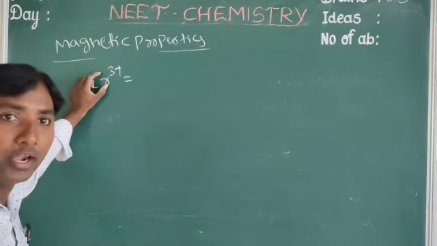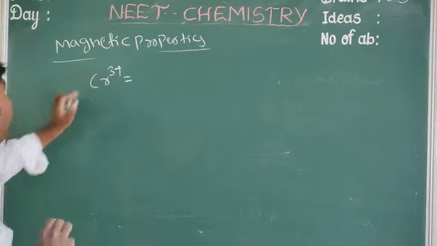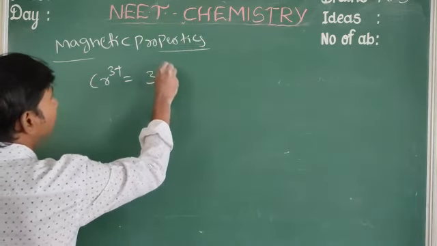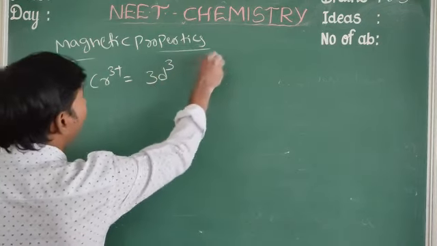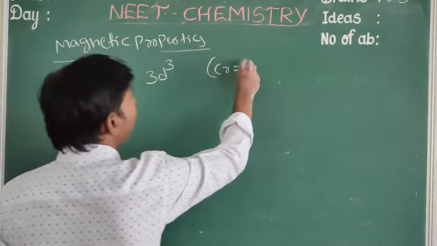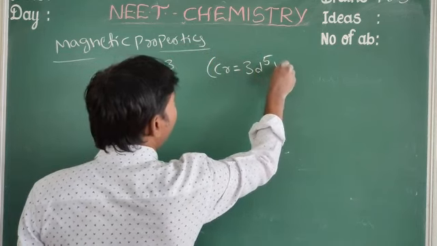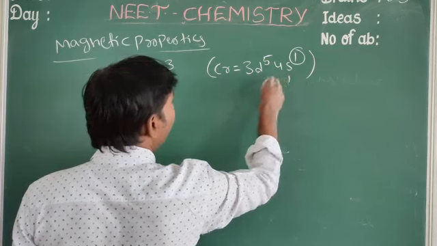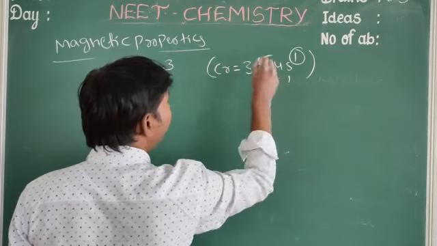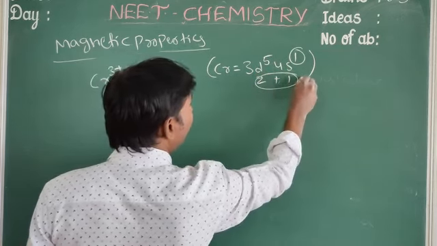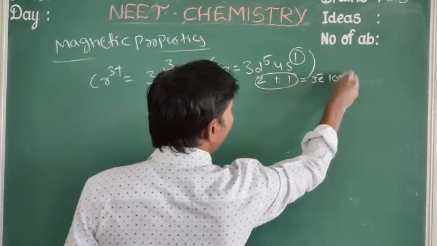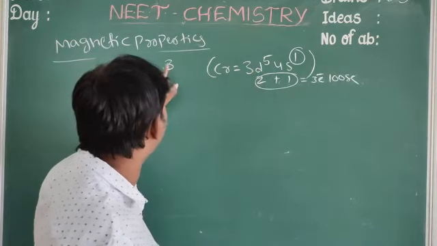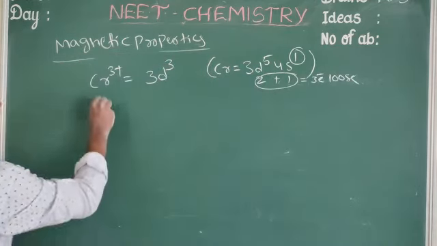You should have learned this in the last class. Cr3+ means 3d3, because chromium's configuration is 3d5 4s1; losing electrons leaves d3, 3d3.